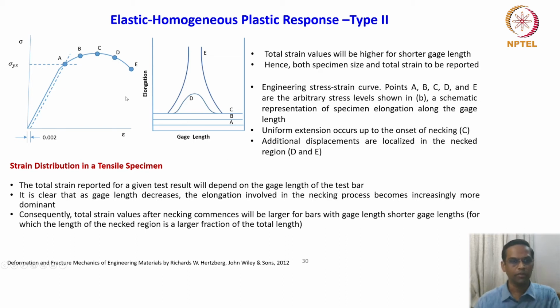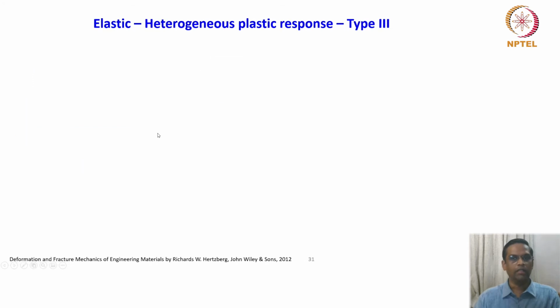So this type of stress strain behavior is elastic and then homogeneous plastic response by the material. And the next one is elastic heterogeneous plastic response, which is something like this.